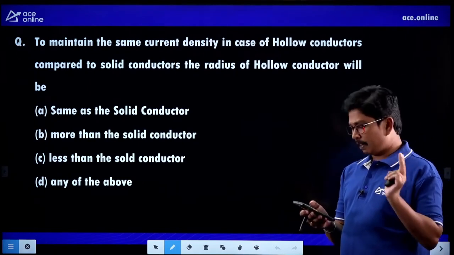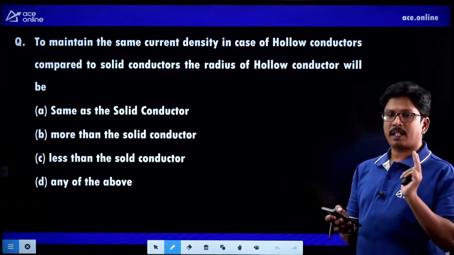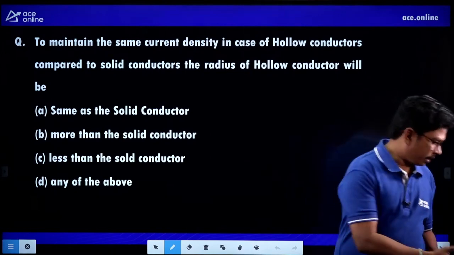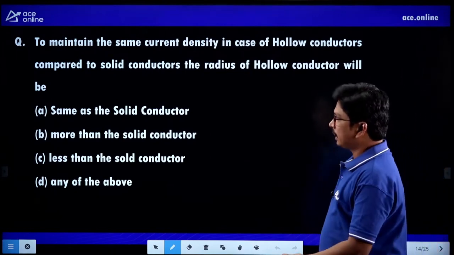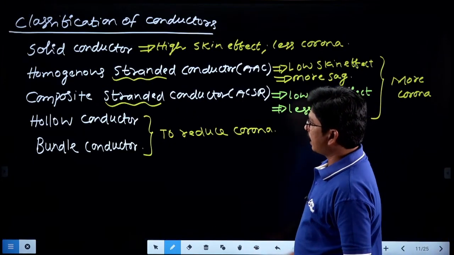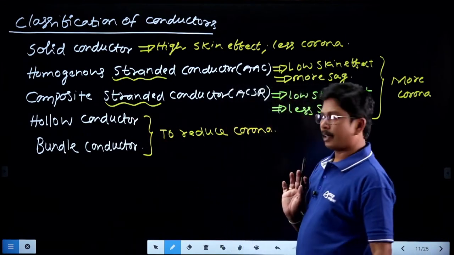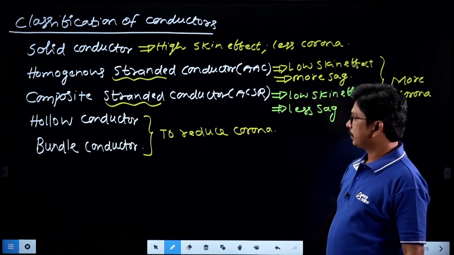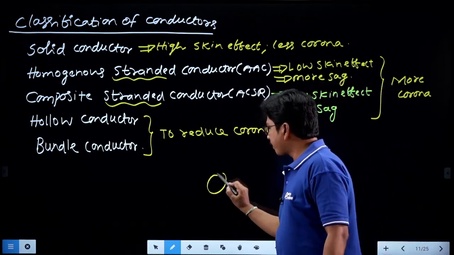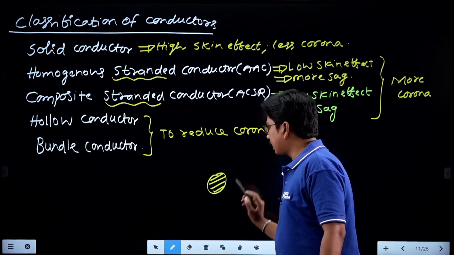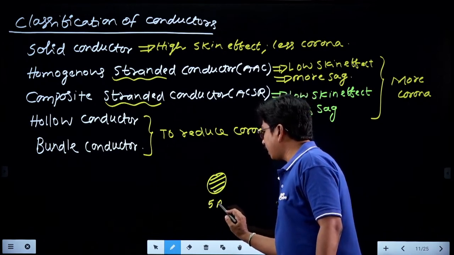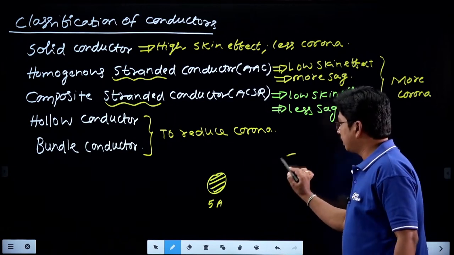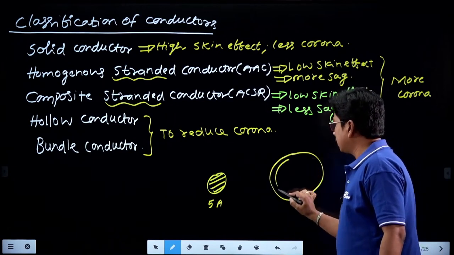These are very important questions, particularly for RRB JE aspirant students. Hollow conductors and bundled conductors are particularly designed to reduce the corona phenomenon. If a solid conductor takes a current of 5 amperes, and you want to take the same current using a hollow conductor, the radius of the hollow conductor will be somewhat more.